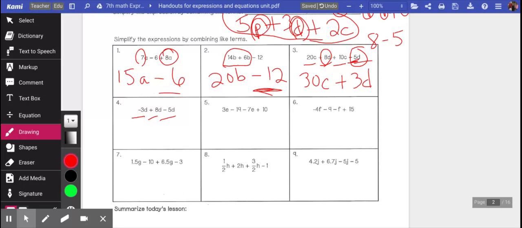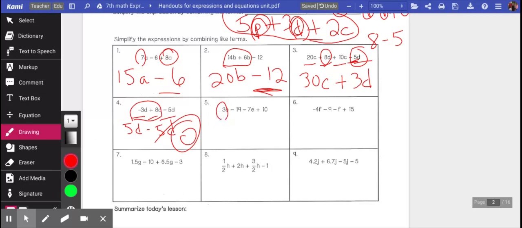So if I do it, I'm going to do negative 3 plus 8, I know is positive 5D minus 5D, and we got nothing. The answer is 0. They cancel out. 5D and minus 5D. You don't have a D left because if you put D, that means 1D. So it is just a 0.